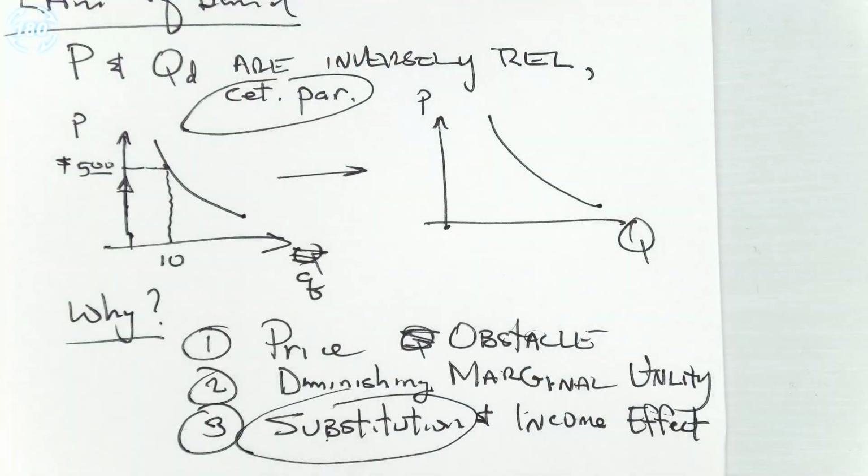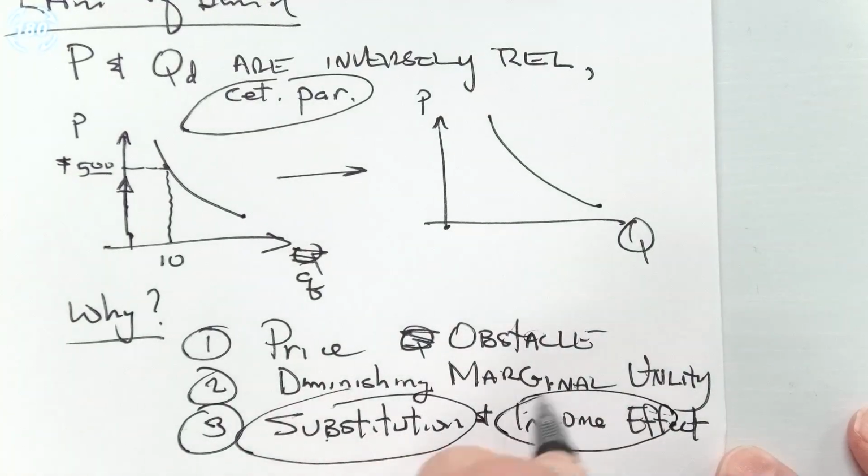The second thing is the income effect. And what is that? Well, when the price of anything that you normally put in your basket of goods and services that you purchase, like gallons of gasoline, goes up, then your real income goes down. Your real income is the amount of stuff you can purchase on your nominal income, your dollar income.